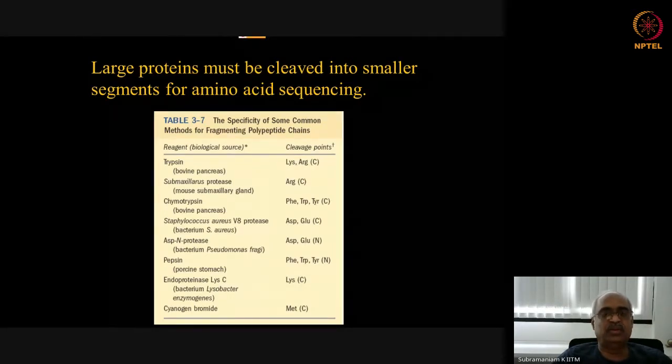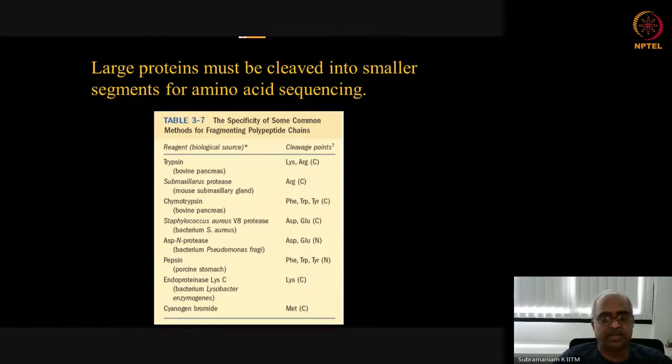So incomplete products will accumulate, and eventually, as the cycle number increases, the quantity of the incomplete products, the background noise in the detection, will overwhelm the actual signal. So you won't be able to sequence beyond a certain number of cycles.